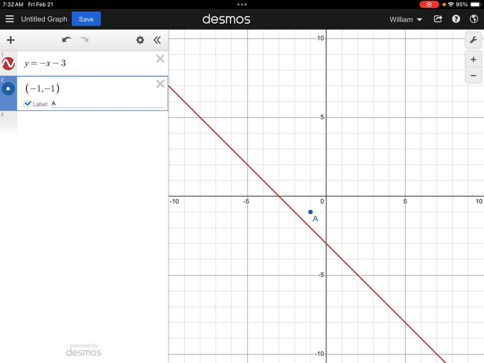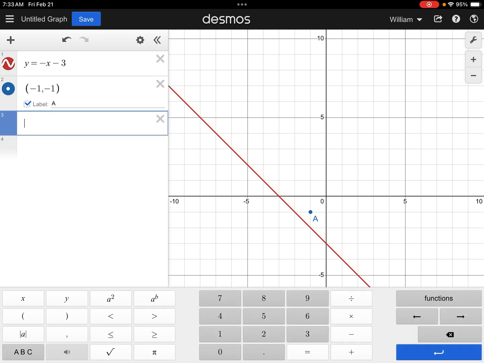Oh, a lot easier to see in Desmos, isn't it? And what I'm going to do is I'm going to reflect that point. So I know when I reflect it, it's going to be perpendicular to that line. So I'm going to graph the line. Let's do it in point slope form.